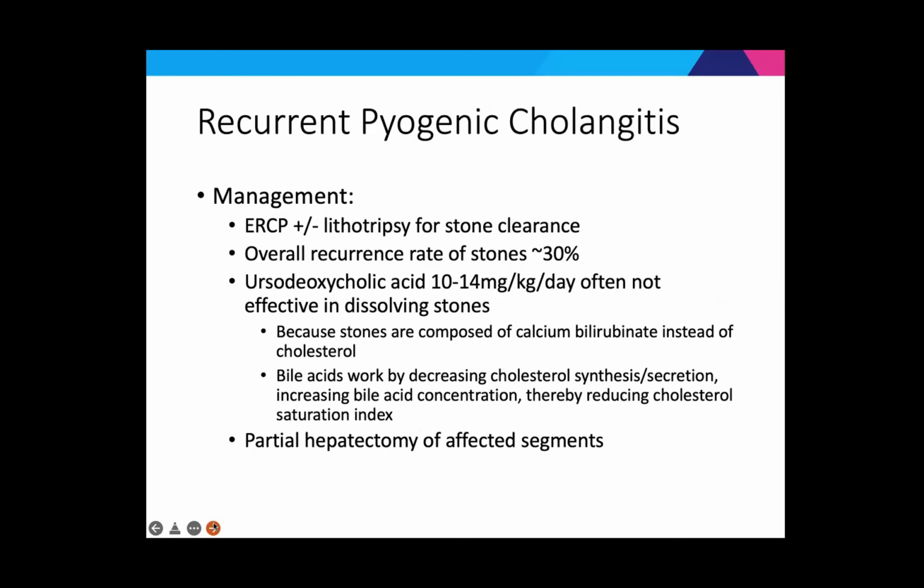The overall recurrence rate is pretty high, about 30% for recurrent stones and cholangitis. Unfortunately, URSO does not really prevent infections. And in severe cases where it's difficult to clear the stones completely, or the segment of the liver is difficult to get to, they need partial hepatectomy to get rid of the affected segments of the liver.